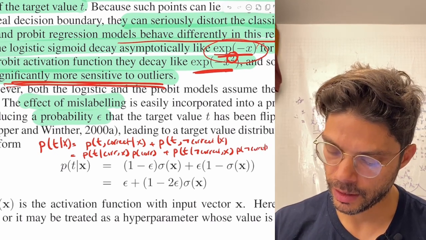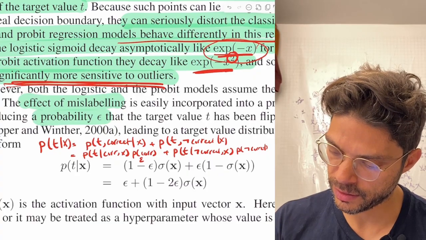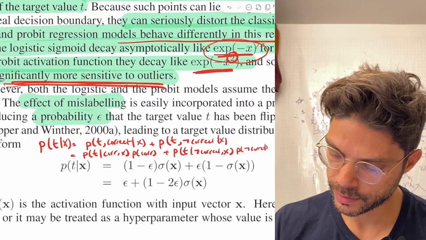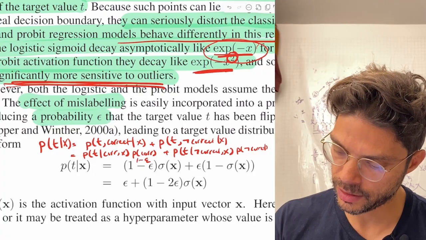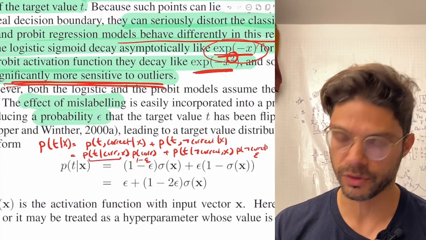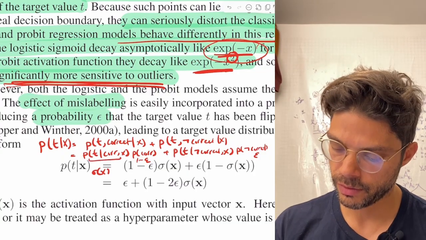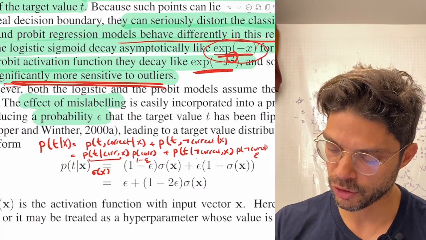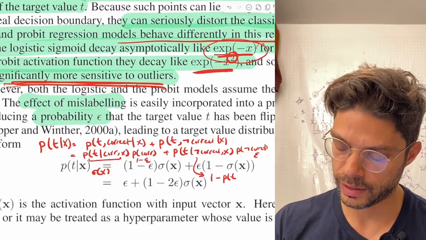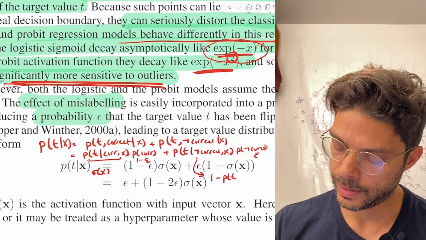And so this is 1 minus epsilon, and this is epsilon. Oops, nope, the other way around. This is 1 minus epsilon for the probability of correct. Well, this is just the label is correct, so it's just your standard form. And then this would just be 1 minus the probability of the correct one, right?